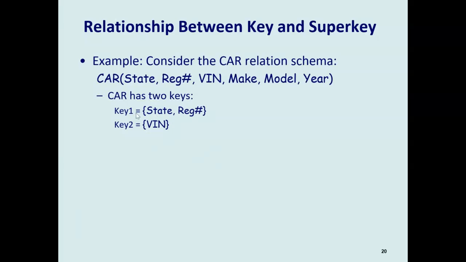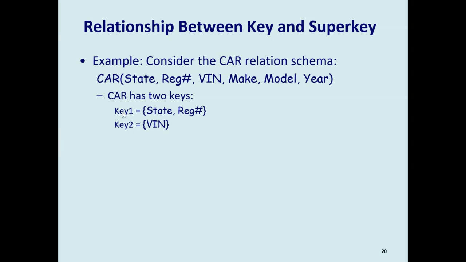State and registration number, the key one, is called a composite key. By composite, we mean that the key contains more than one attribute. Key two is a single attribute because it only has one attribute. When a key contains only a single attribute, that key satisfies the minimality constraint.